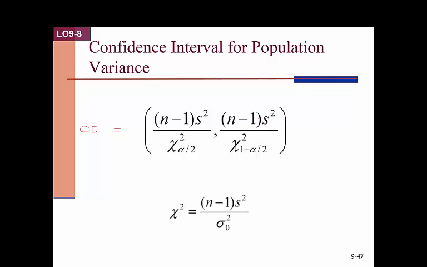And on the right-hand side, it's chi-squared 1 minus alpha over 2. That's the critical value. Or you can just compute the chi-squared statistic using this setup, then find the p-value, and make your conclusion.